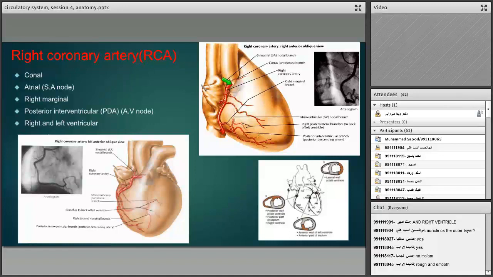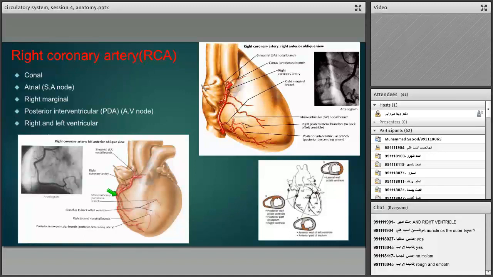From the beginning of the right coronary till the end of this branch is called the first segment of the right coronary artery, which is placed on the sternocostal surface of the heart. You can see this part of the right coronary artery on the sternocostal surface of the heart.